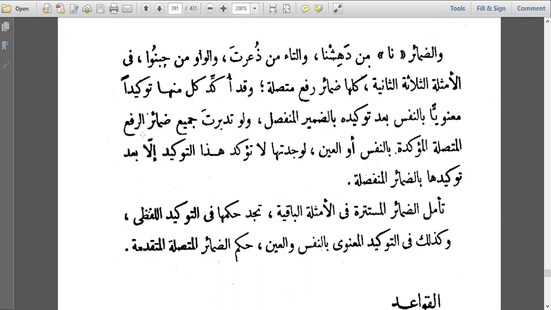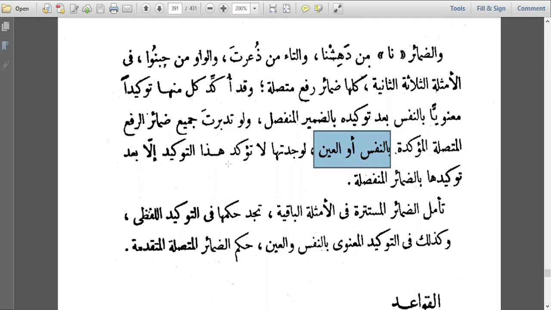ولو تدبرت جميع ضمائر الرفع المتصلة المؤكدة بالنفس أو العين, لوجدتها لا تؤكد هذا التوكيد إلا بعد توكيدها بالضمائر المنفصلة. He says if you should look at all the ضمائر الرفع المتصلة, all the ضمائر الرفع that are attached to the verbs, you realize that they are not emphasized with the التوكيد المعنوي النفس and عين.